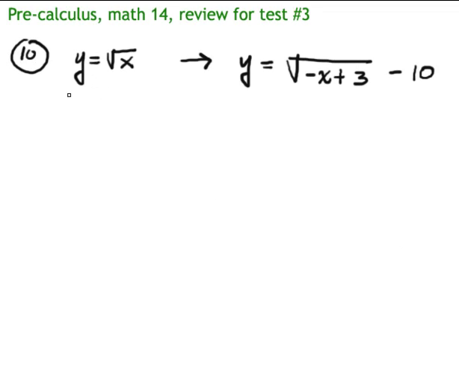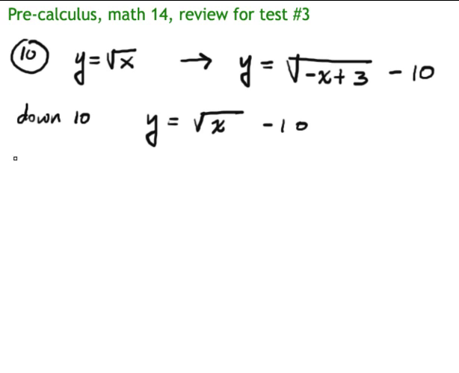Here we want to list a series of transformations that transform y equals square root of x to y equal the square root of minus x plus 3 minus 10. All right, so first we could do a down 10 shift, and we get y is equal to the square root of x minus 10.